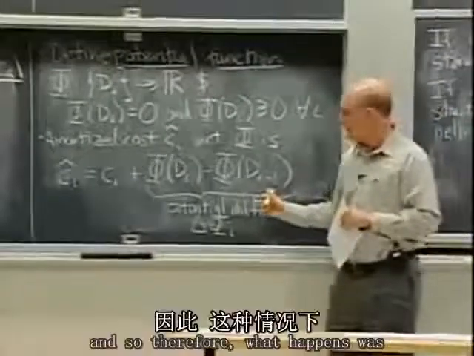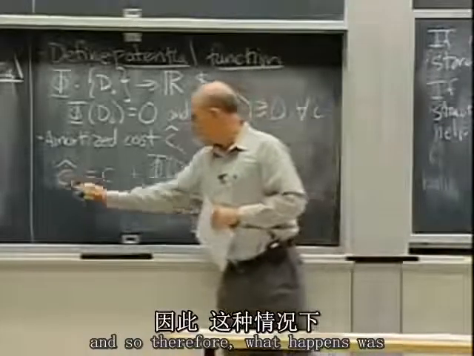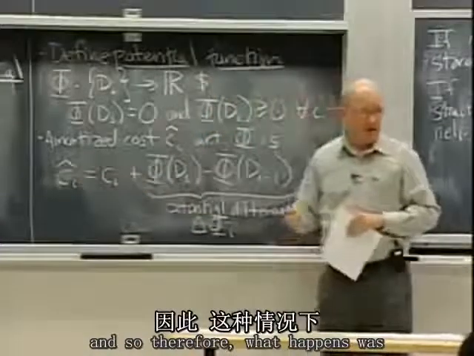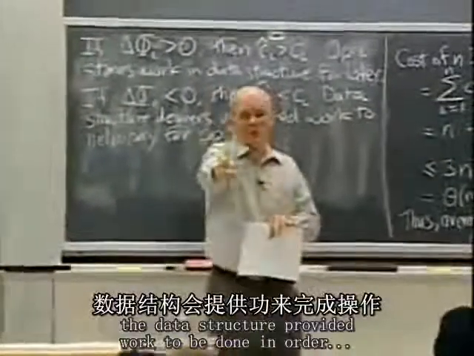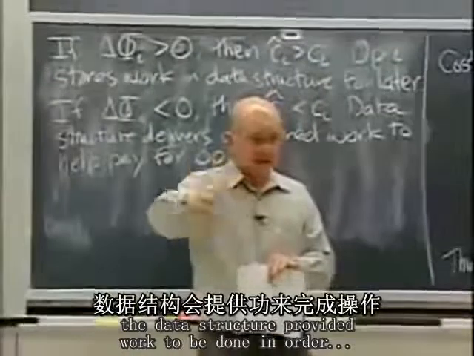And so the data structure provided work to be done, because the true cost was bigger than the amortized cost.